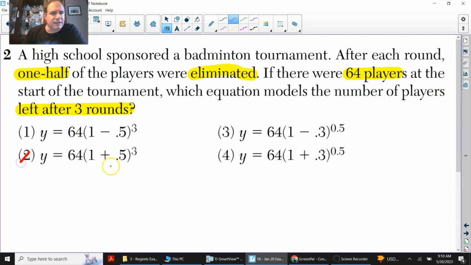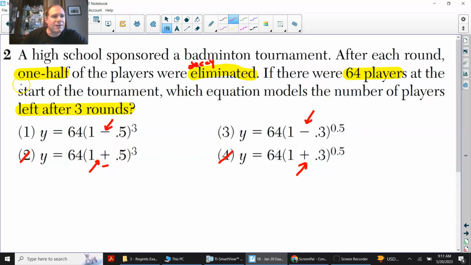So everything with plus is not a decay. If you were increasing the amount of players, then you would pick plus. If you're eliminating, that is called a decay, and the decay is 1 minus. Just focus on what's happening inside the parentheses.